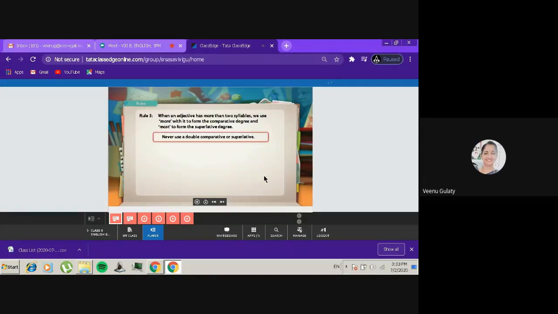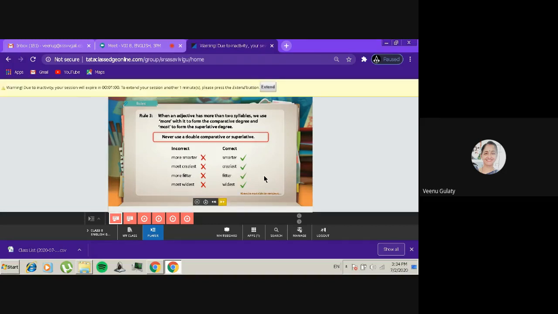We must never use a double comparative or superlative. It is incorrect to say more smarter, most craziest, more fitter, or most widest. Here, you get this point?